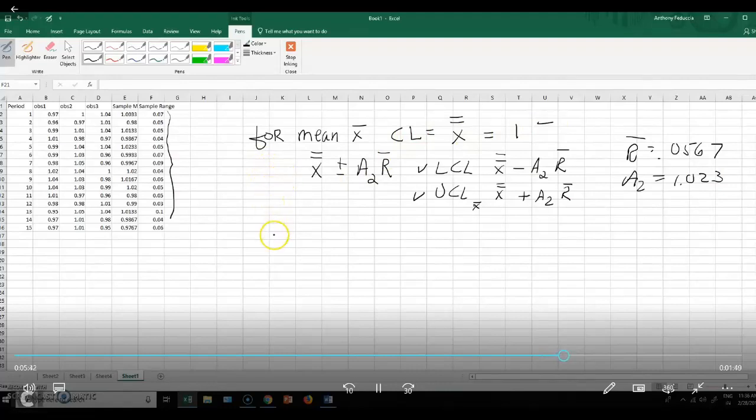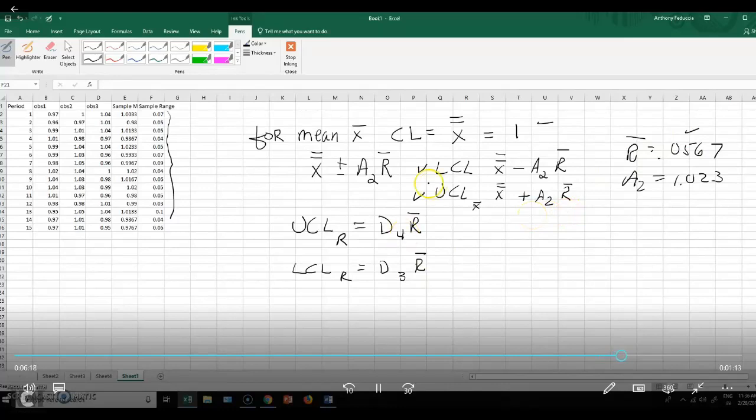Now, we also need to do the same thing for the range. The upper control limit for the range of values is simply equal to D4 times the average of the R's, and the lower control limit for the range is equal to D3 times the average R. Well, we already know that the average R here is 0.0567 from our data analysis.